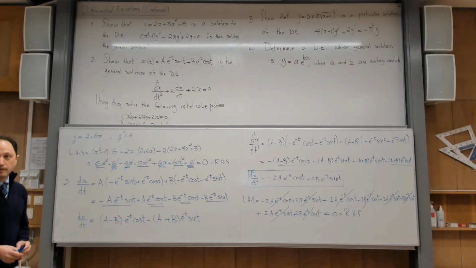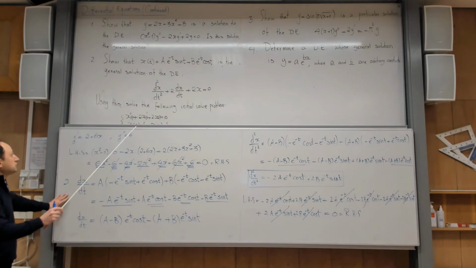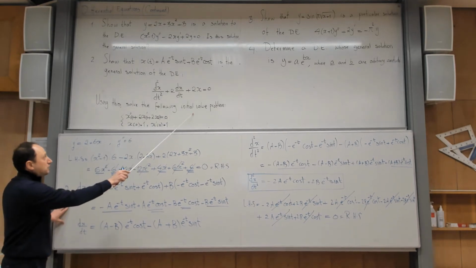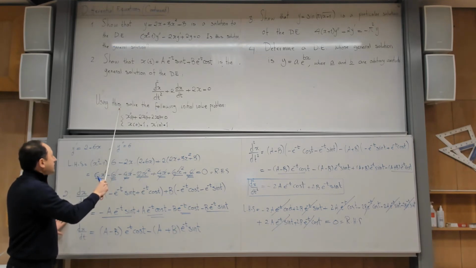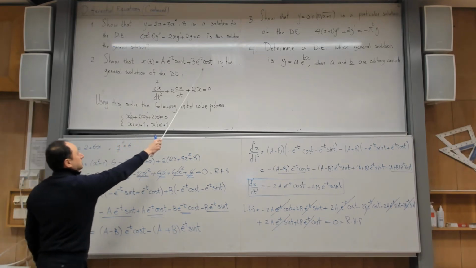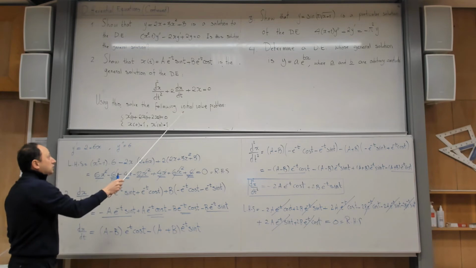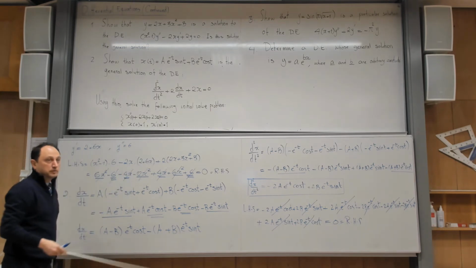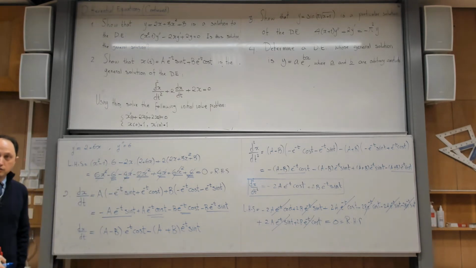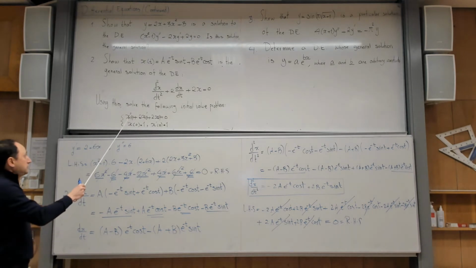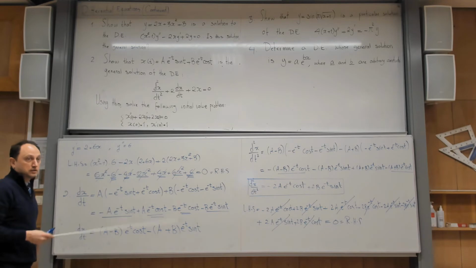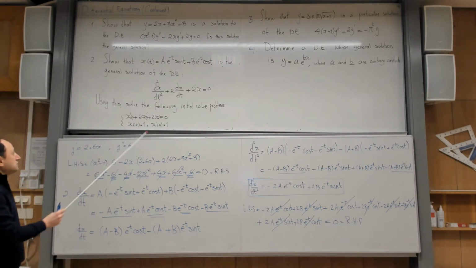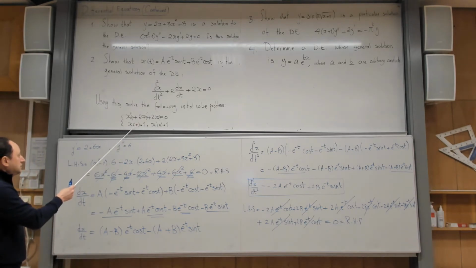Yes? Okay, but I want you to also know this terminology. This is why I'm using all the phrases here in these problems. Using this, solve the following initial value problem. What do I mean by initial value problem? I mean a differential equation together with some extra conditions that you have to make the solution satisfy.